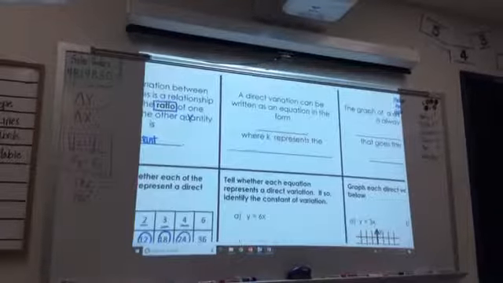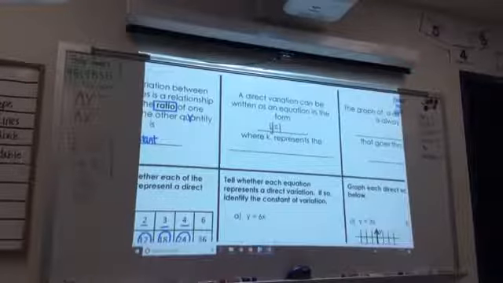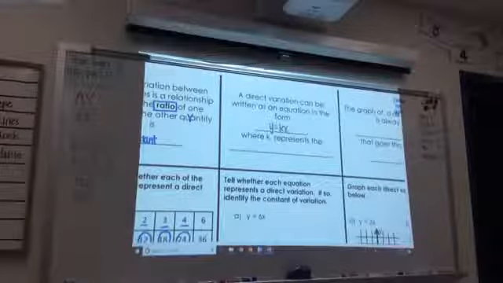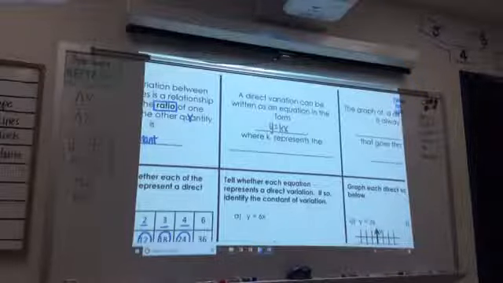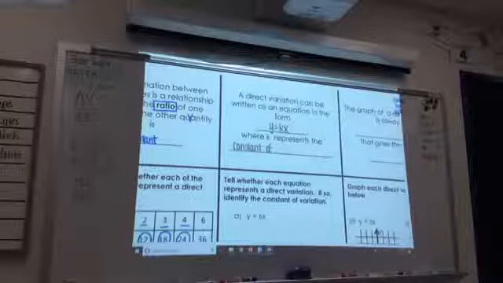A direct variation can be written as an equation in the form y equals kx. We're going to change that letter a little bit because direct variation is a little different than slope. Where k represents the constant of, not change, but it's close, variation.